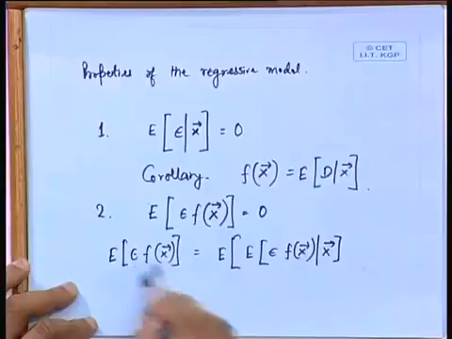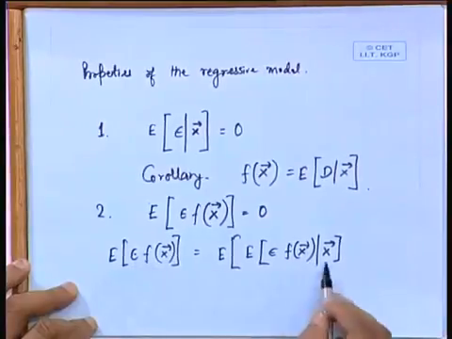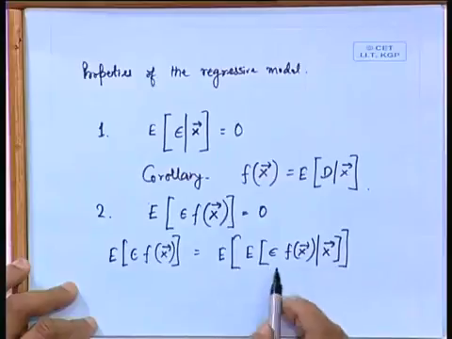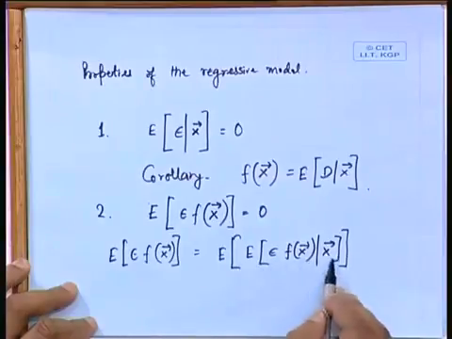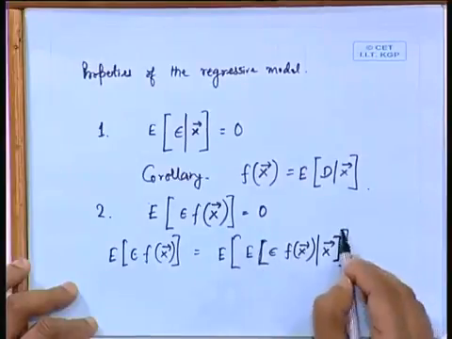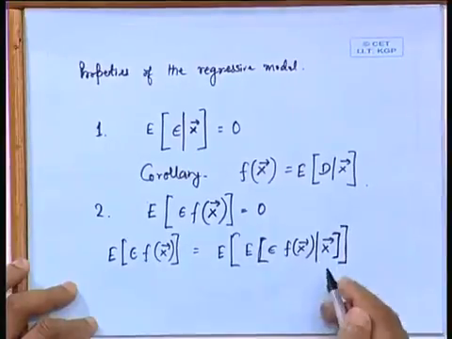Just this epsilon f(x vector) definition itself says that it can be realized as the expectation of this. The square bracket is for this expectation and outside we have this one.